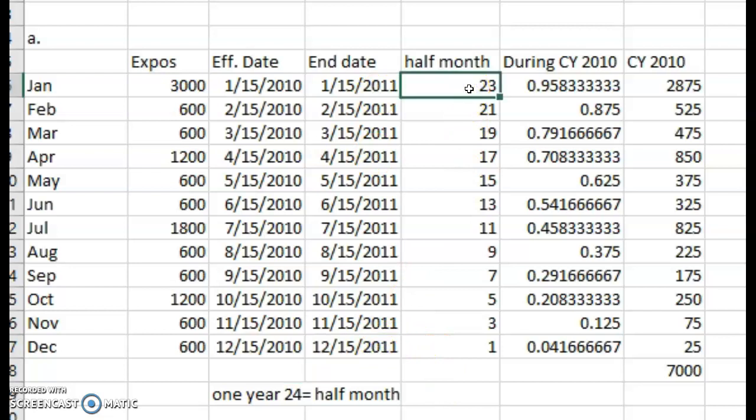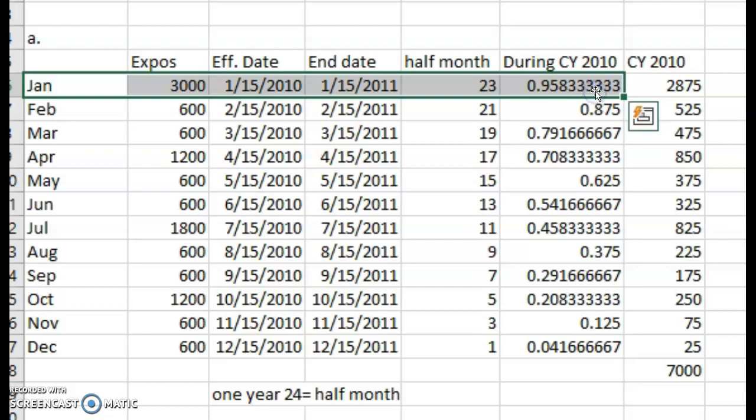Let's use the half month as 1 unit. We can get 23 units for the first policy and 21 units for February. It's very straightforward because we just want to know the proportion of 2010 in each policy.